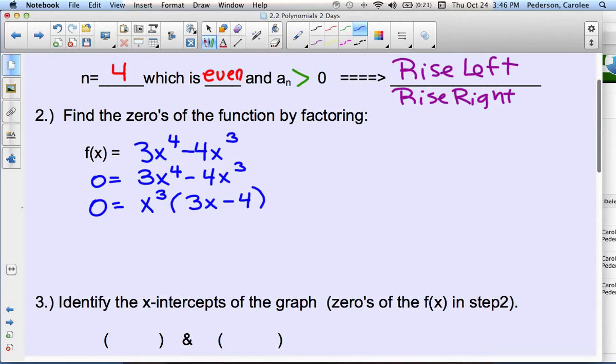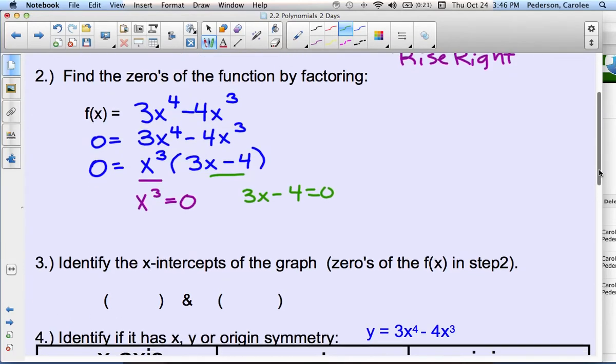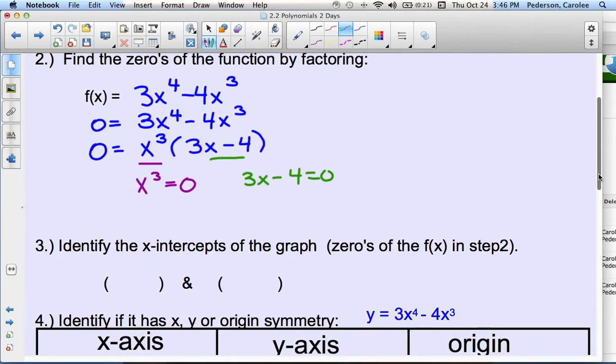Now I'm going to set the factors equal to 0 and solve for x. So I have a factor of x cubed, x cubed equals 0. Then I have another one, 3x minus 4 equals 0. This is called the zero product property, and then you solve for x. Now, notice the multiplicity of that x cubed.